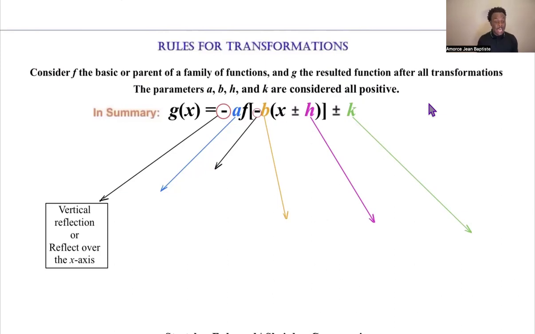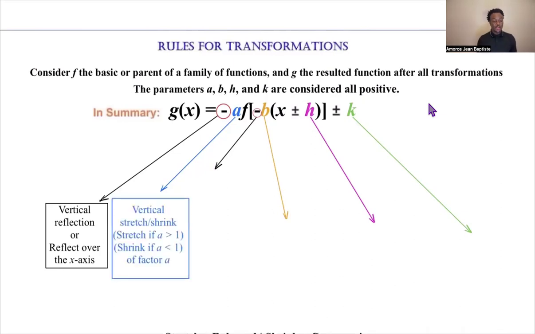Now, what would the A mean in terms of transformation? The A value means that you have a vertical stretch or a shrink. Now, when is it a stretch? Vertical stretch, when the A value is greater than 1, not greater than 0, greater than 1.